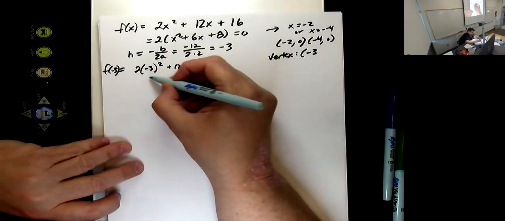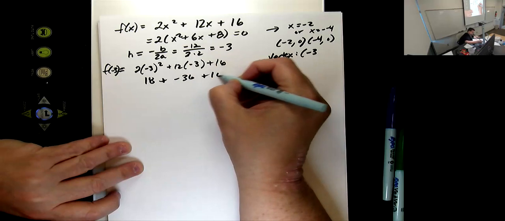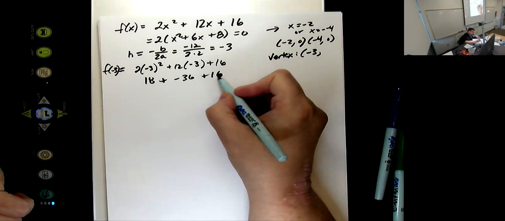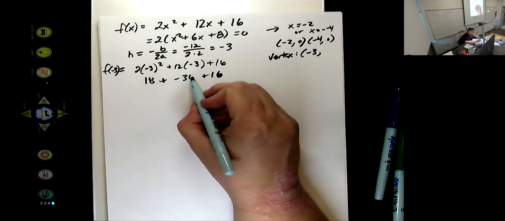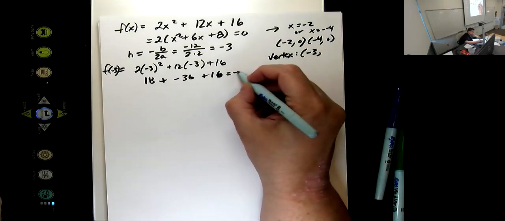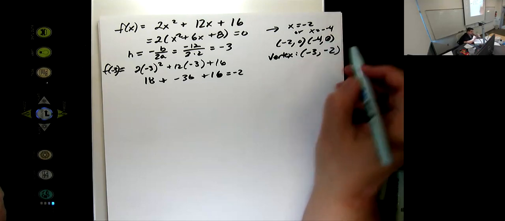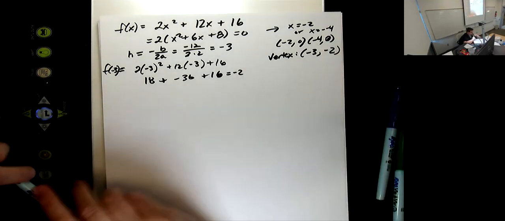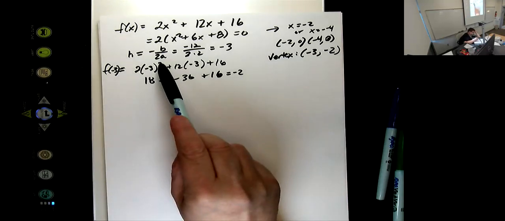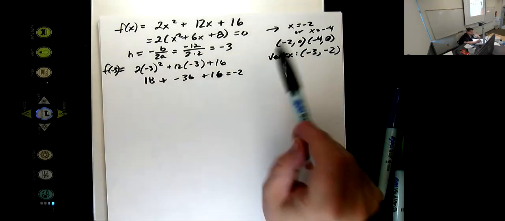This is 18, this is -36, this is 16. I get -2. So my vertex had to shift a little. 9 times 2 is 18, -18 plus 6 is -2.